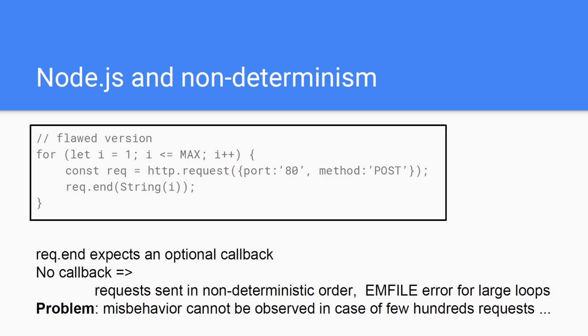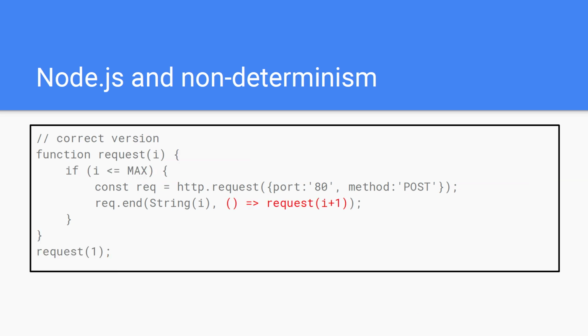Okay? So it's very difficult to catch this problem by using testing. Here is the correct code. So the correct behavior is using a callback. Say, okay, you can send the next request only when you are sure that the first request has been sent.